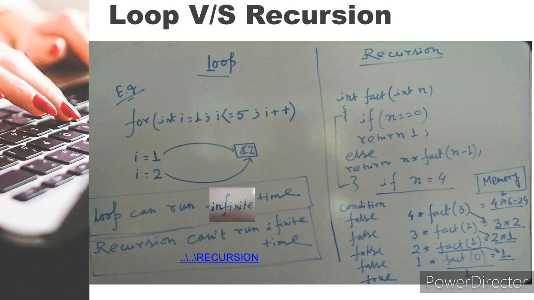We need to give a closer view to recursion. We need to create a friendship with recursion. Because in other concepts the complex problem is bigger, but if we are able to implement recursion, the code is very small.